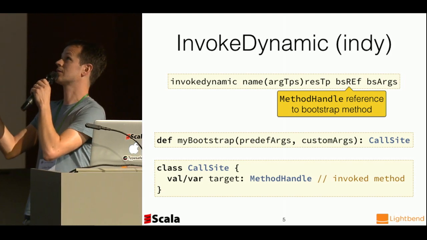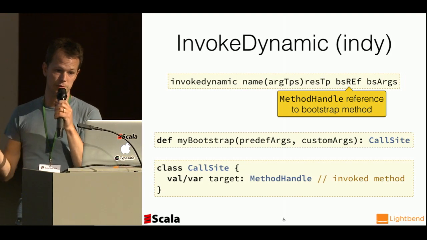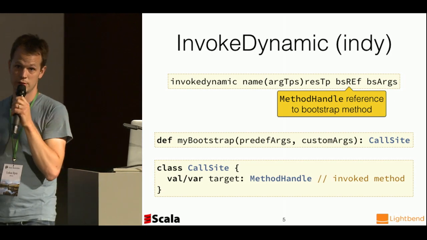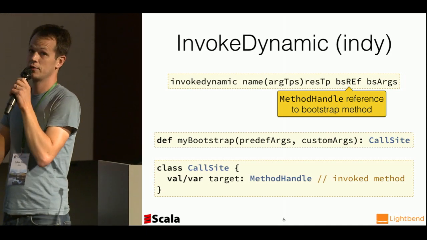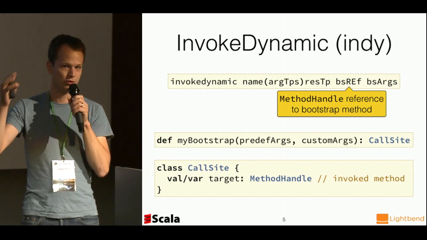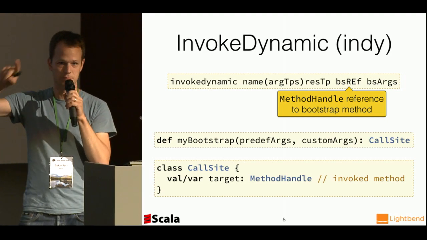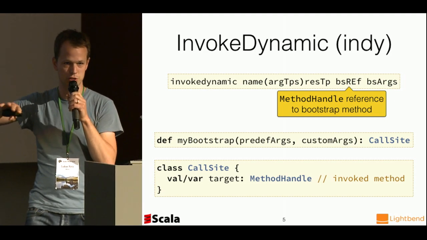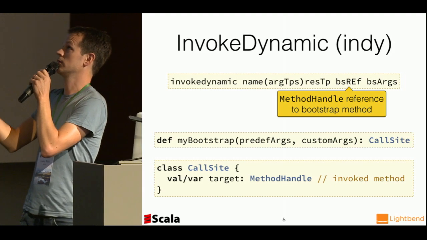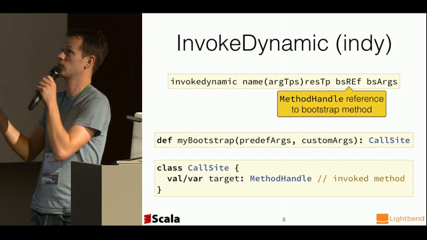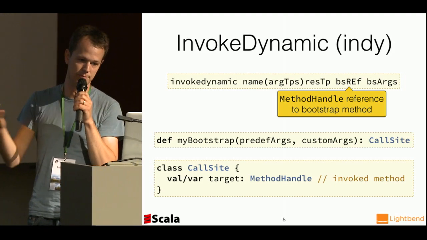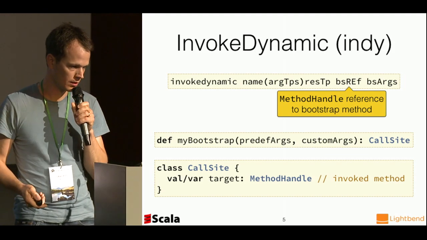This type defines what happens in terms of the call stack. It defines how many arguments the method will consume. I'm not talking about bootstrap, but the second part, when everything is bootstrapped afterwards. So these are the arguments that will be consumed from the stack, and this result is the type that will end up on the stack.